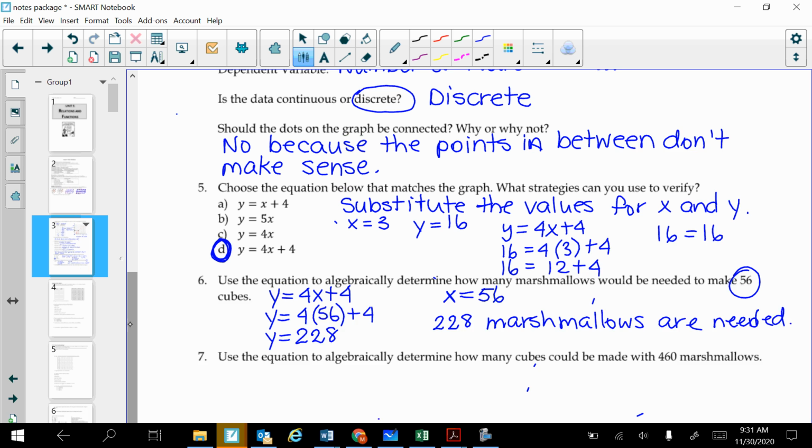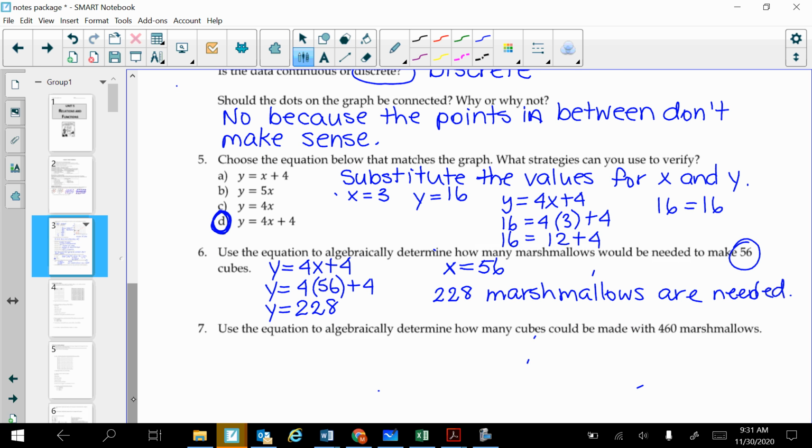Use the equation to algebraically determine how many cubes could be made with 460 marshmallows. Now it gives me 460 marshmallows, so I'm going to say y equals 460. We need to know what those variables mean. Write your equation, y equals 4x plus 4. Y is equal to 460, so we're going to put 460 over here. 460 equals 4x plus 4. Now you're going to use everything you learned in equations to solve for x.